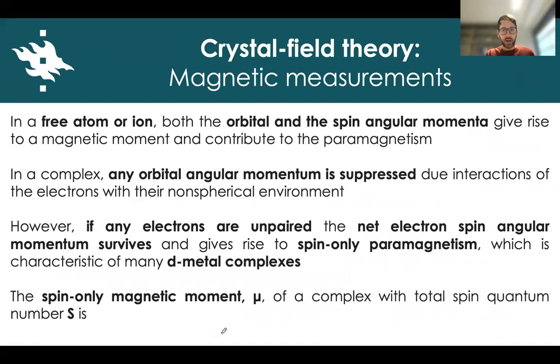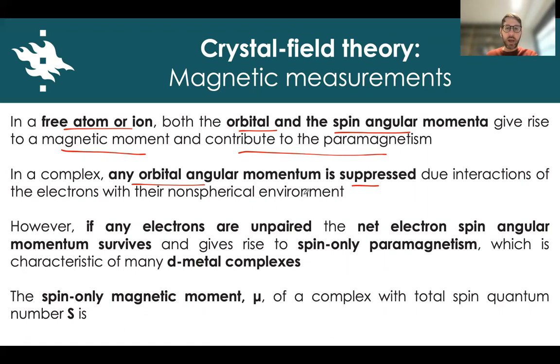So how does this work? If we have a free atom or ion, both the orbital and the spin angular momenta give rise to the magnetic moment and contribute to the paramagnetism. If we have a complex, the orbital angular momentum will be suppressed, and we will have only contributions from the spin angular momenta.